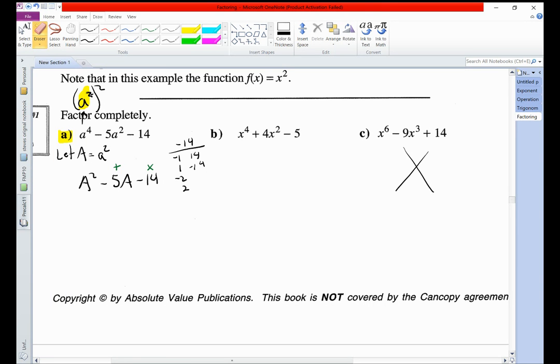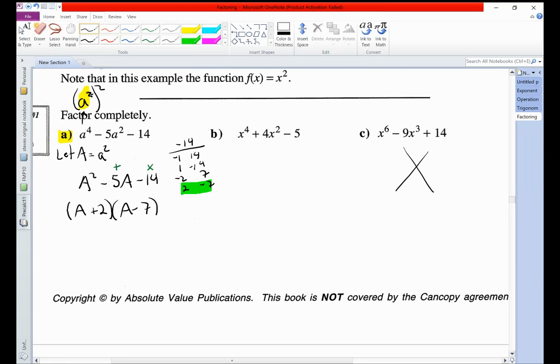End of the day, trying to do videos. Negative 2 times 7 and 2 times negative 7. So right here, you can see 2 times negative 7. When we add that, we get negative 5. So now we can say that the answer is going to be capital A plus 2, capital A minus 7.